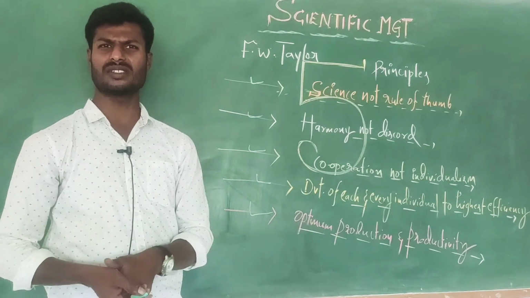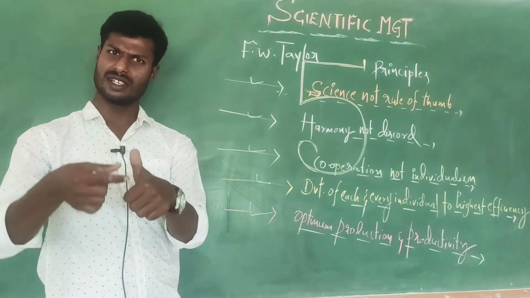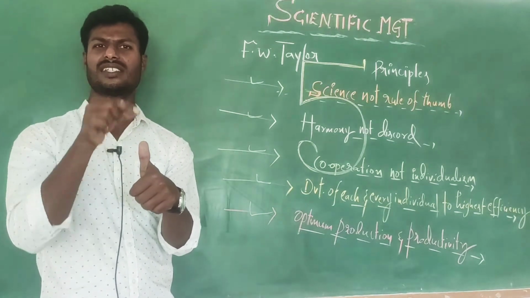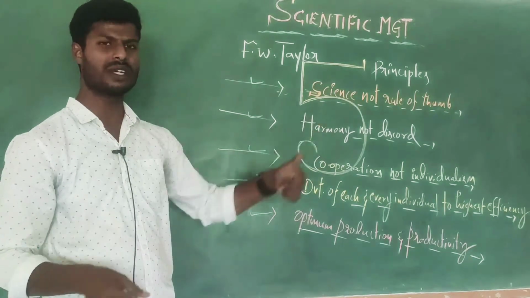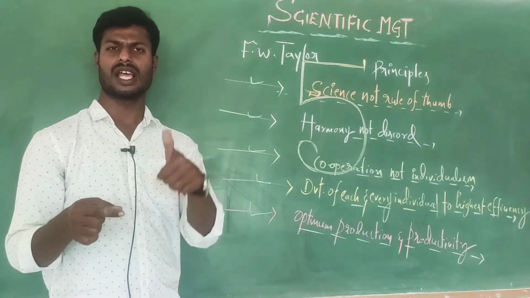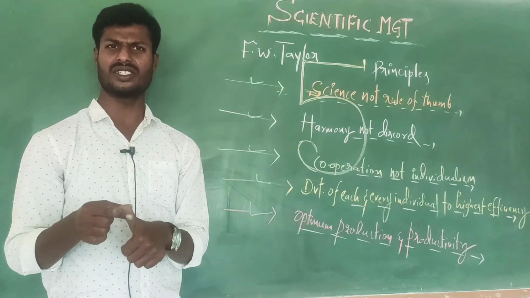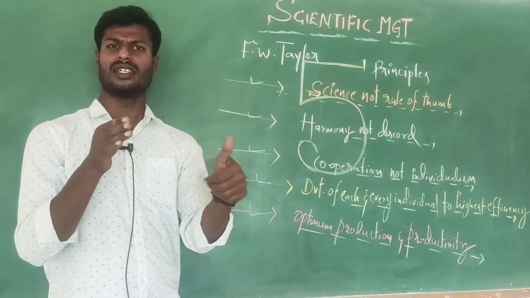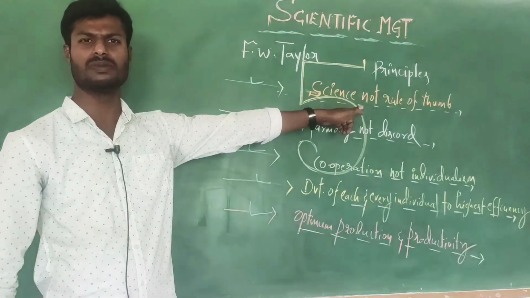Rule of thumb means individual, general, self decisions without forecasting, analyzing or experimenting. In organizations, managers and superiors take certain general decisions without analyzing, experimenting or checking the cause and effect relationship. That is called rule of thumb.